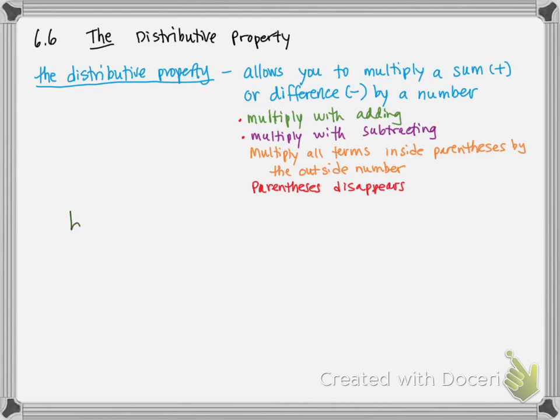Let's say we have b times a plus y. According to the distributive property, we're going to multiply the b times the a, and we're going to multiply the b times the y. And if we put them together, we would have baby.